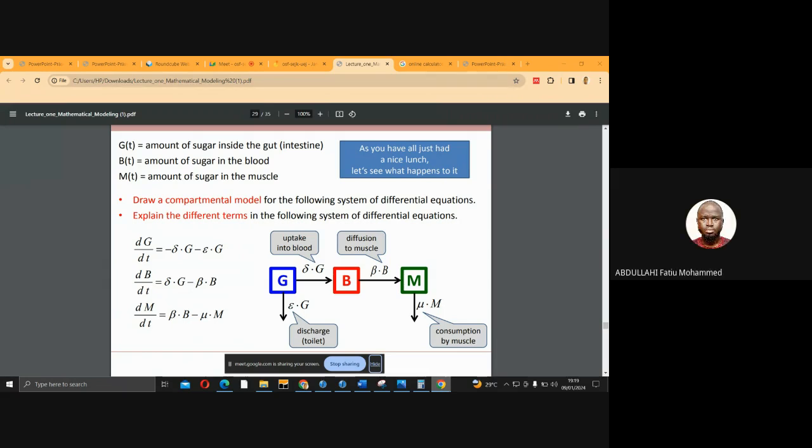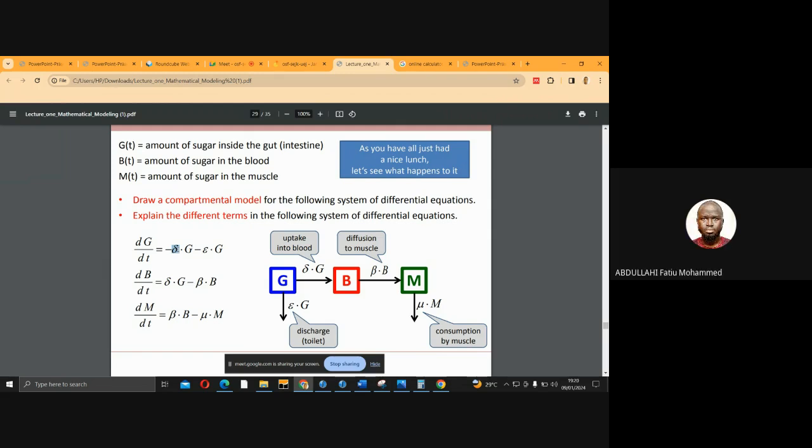So in the stomach, which is G in blue, the sugar uptake into the blood from the gut is the one where we have, what do you call that symbol before the G? Delta.